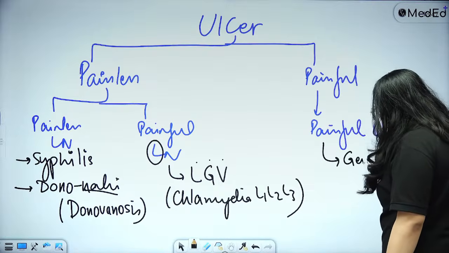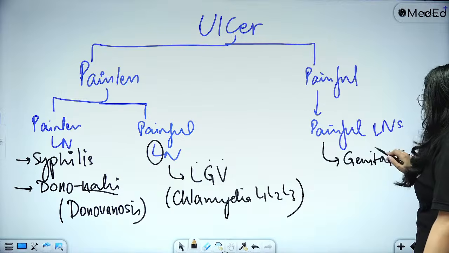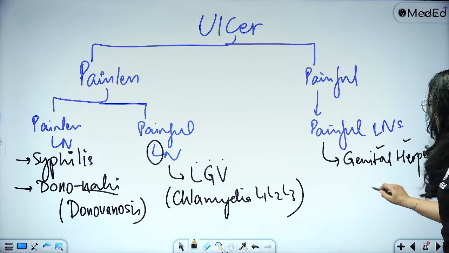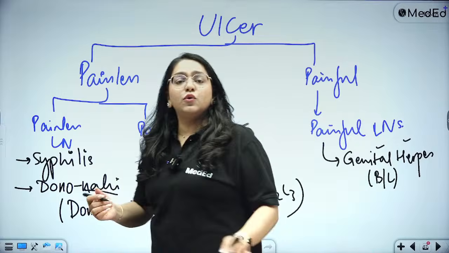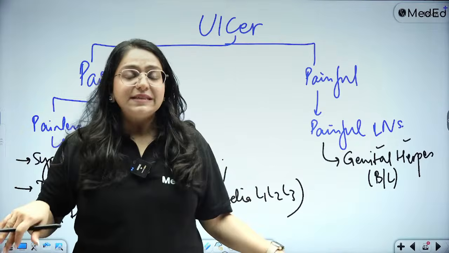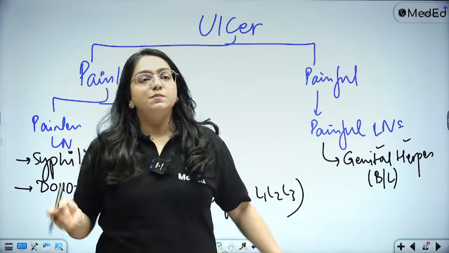Then painful: genital herpes. Genital herpes. How many words? 2 words. So bilateral lesions, bilateral lymph nodes, multiple painful lymph nodes on both sides, multiple vesicles on both sides, bilateral.